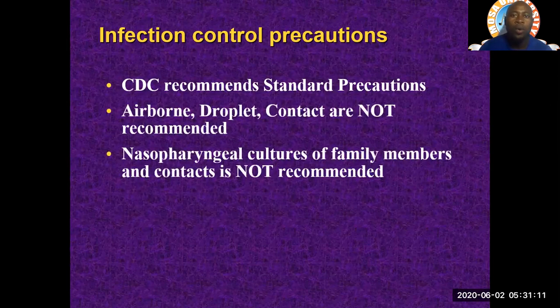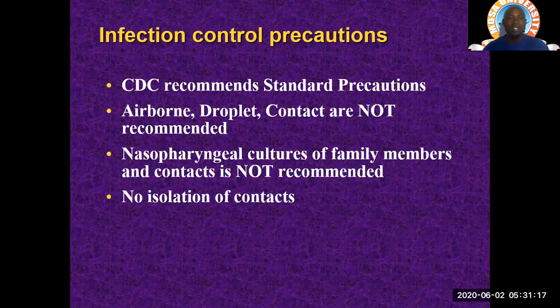There are also certain precautions that come from the CDC recommendations and standards on infection control. The CDC recommends standard precautions; airborne, droplet, and contact precautions are not recommended in patients with pneumococcal meningitis.